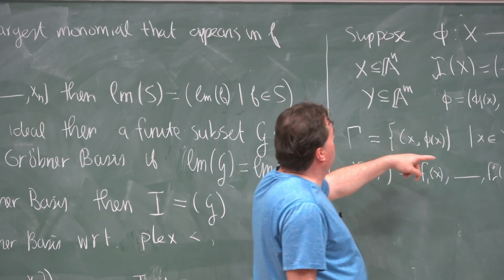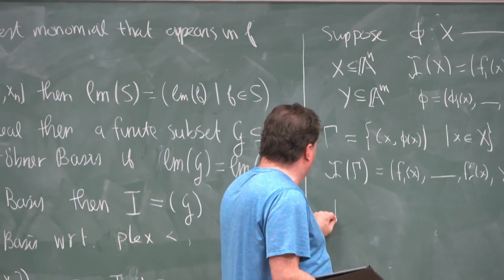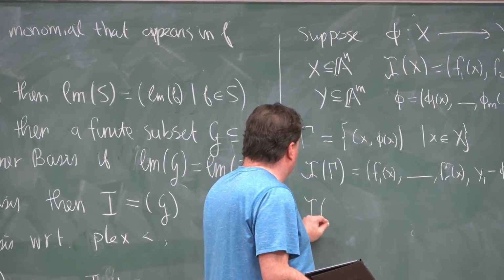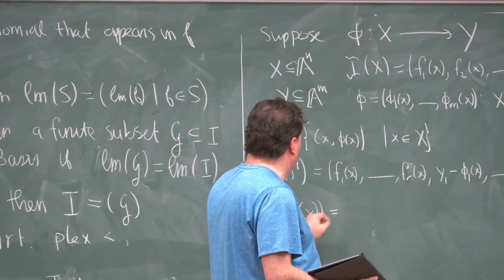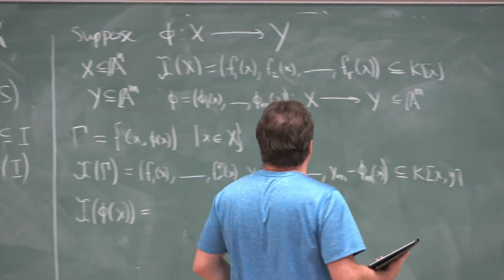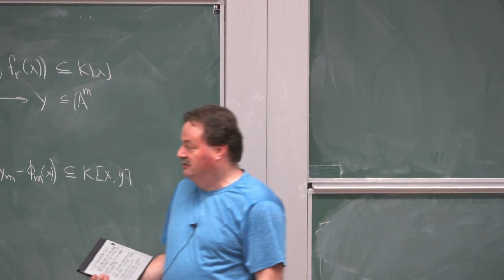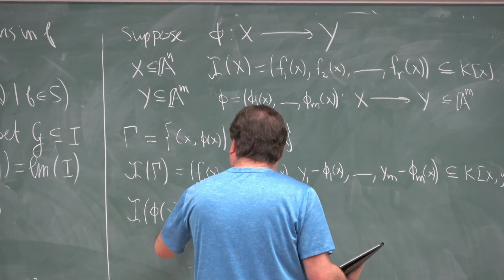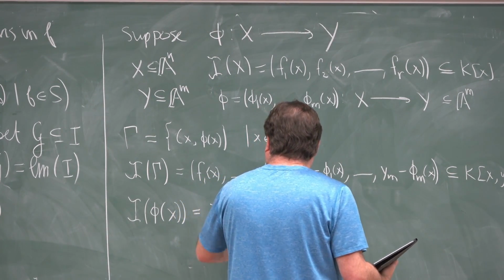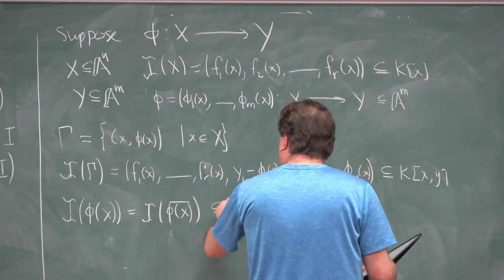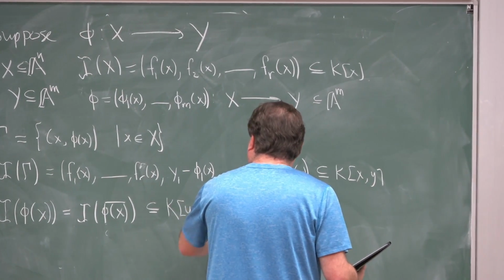And to find the image of this morphism, so in particular the vanishing ideal of the image: now the image of a morphism may actually not be a Zariski closed set, but you can still look at the vanishing ideal. So it's going to be the same as the vanishing ideal of the Zariski closure of phi of X, right? And that lies in this polynomial ring in m variables.